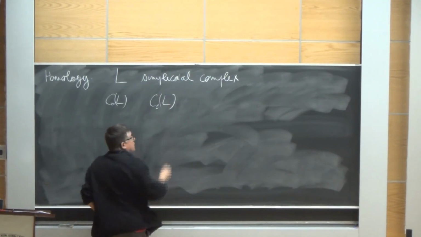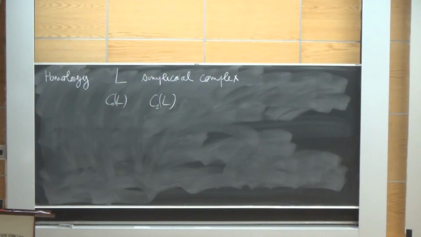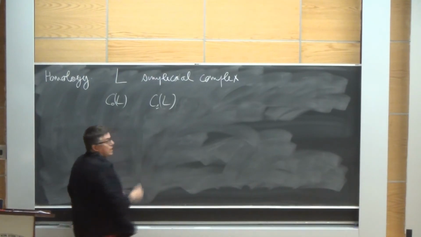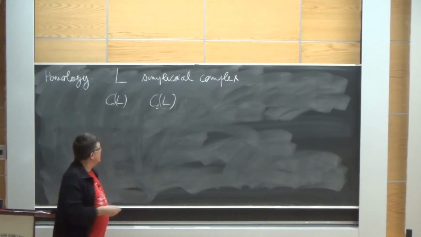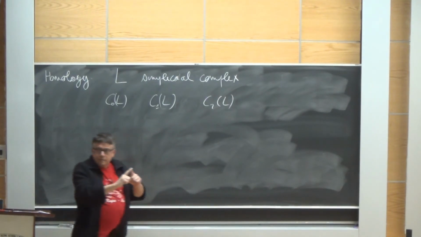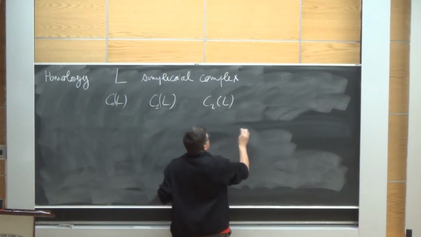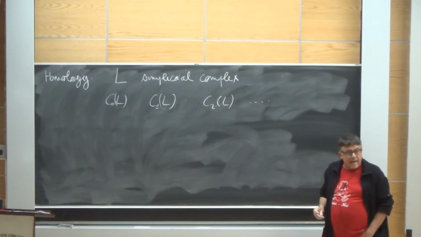C1 of L is just the vector space, let's say with coefficients in Q or in R, with base the one-dimensional simplices. C2, the base is made of the triangles, and so on. Okay?